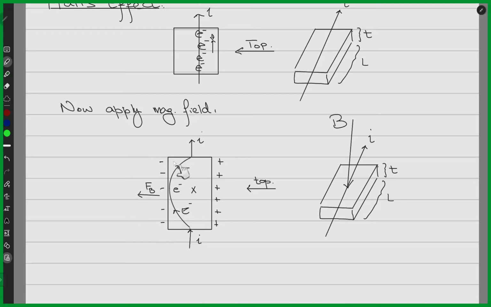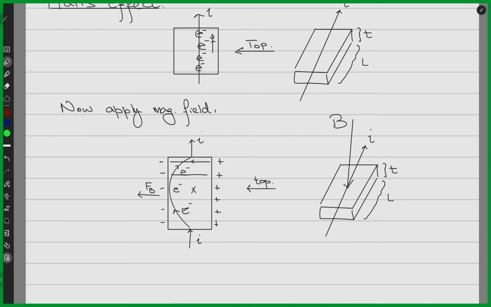Now, what happens when you have this arrangement of negative and positive charge in terms of fields? You'll have an electric field, right? An electric field will be set up from this side to this side.